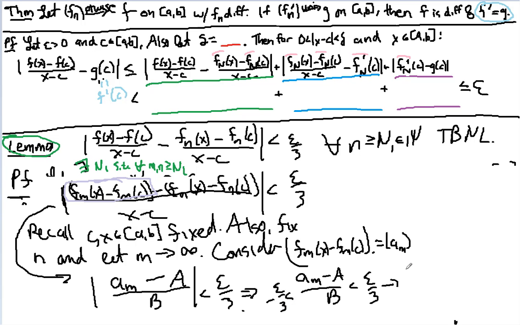So this implies that if this goes to a, you get a minus the capital A over b is between negative epsilon over 3 and epsilon over 3. So what are we actually talking about here? The a is the limit of these things, and these things are going to head to f of x minus f of c, which is exactly what we need in here. So we really get f of x minus f of c over x minus c minus the n's like that. This is all going to be true as long as n1 is bigger than or equal to n.